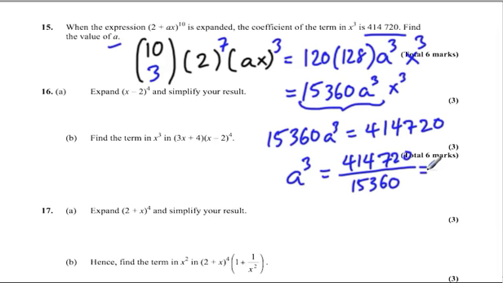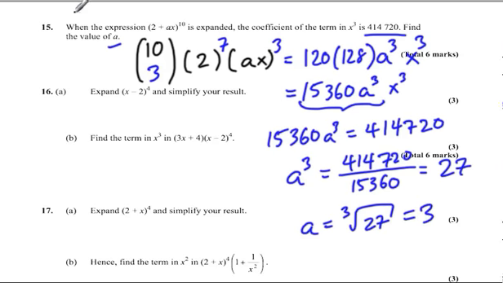What do we get there? I get 27. So a cubed is equal to 27. So a is the cube root of 27, and that is equal to 3.